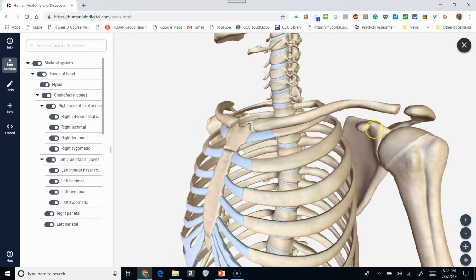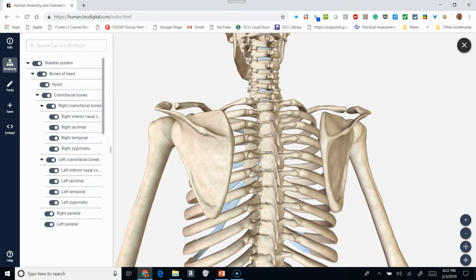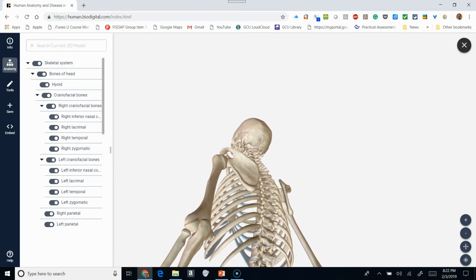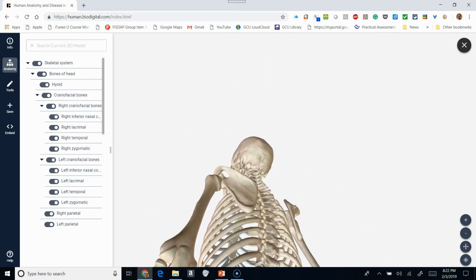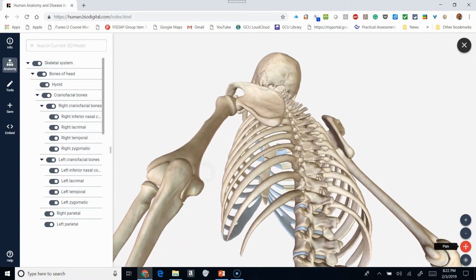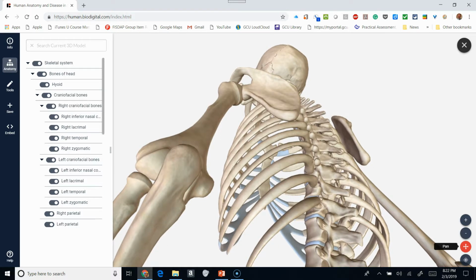The scapula, and we'll turn this around, is right here. I always call these the chicken wings on your back. And while we're here, let's see if I can move him up. This area right in here is, sorry, I turned Siri on by accident, this is actually going to be the humerus.